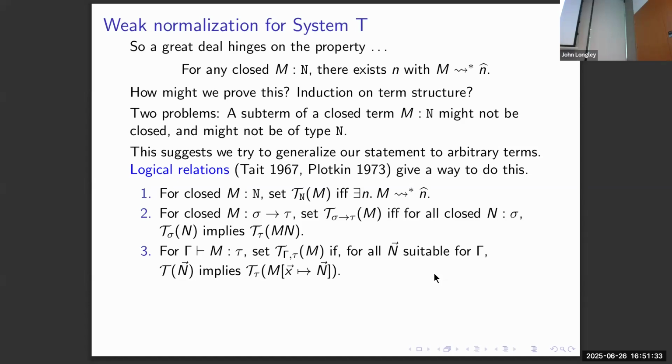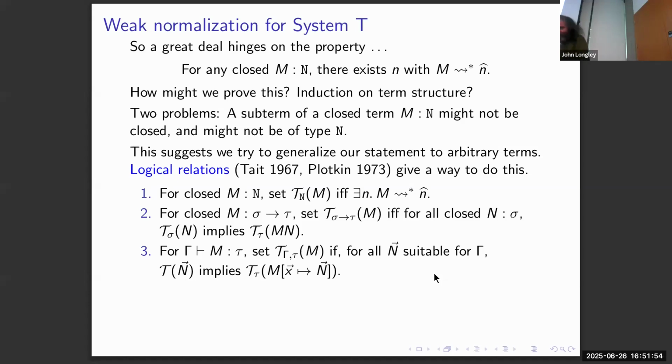And then we extend to open terms by saying an open term has property curly T if, for all closed terms N suitable to be substituted into it, if the N's that you're substituting have property T, then so does the result of the substitution.